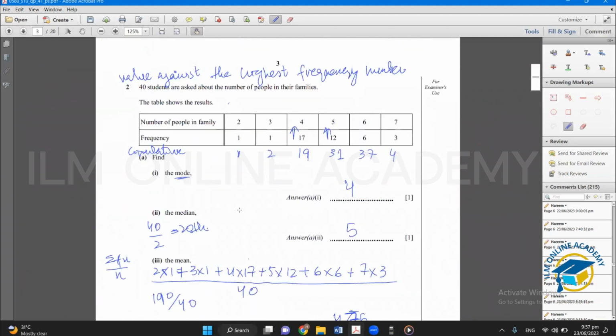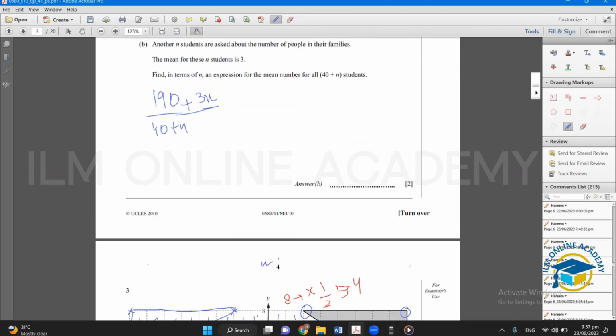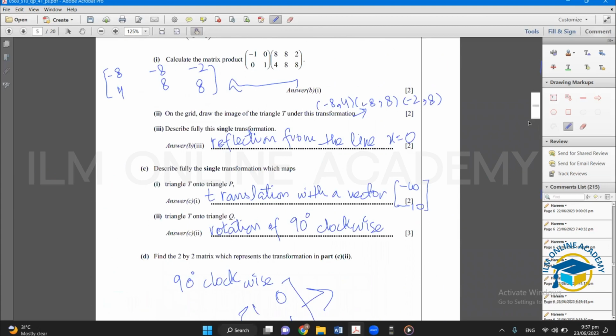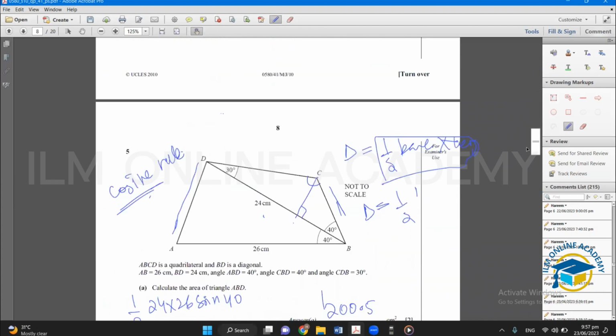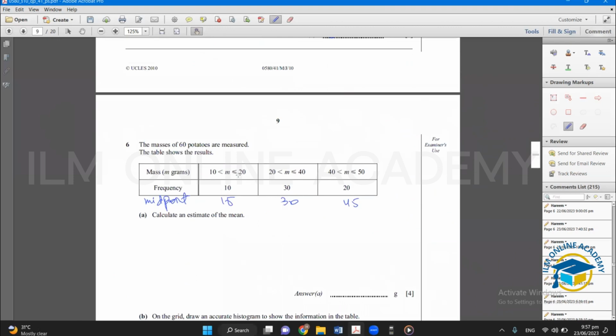Yes, the mean. So the mean is basically you have to multiply all the values with their frequencies, and you will get the answer. But the problem here is you don't have the exact value against the frequency measurements. So we have to find the midpoint here.